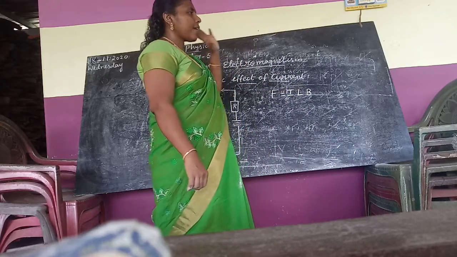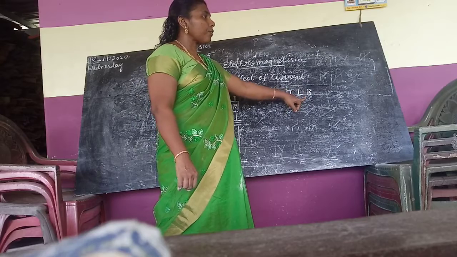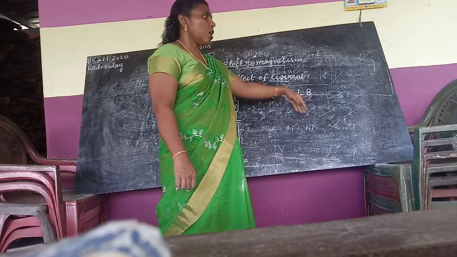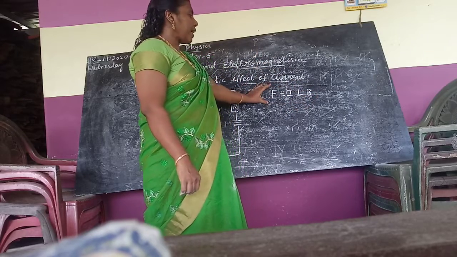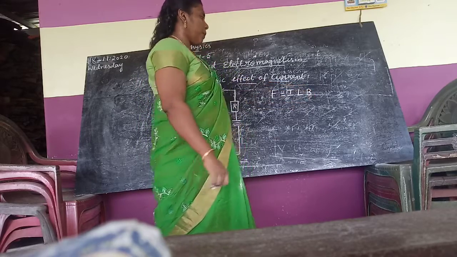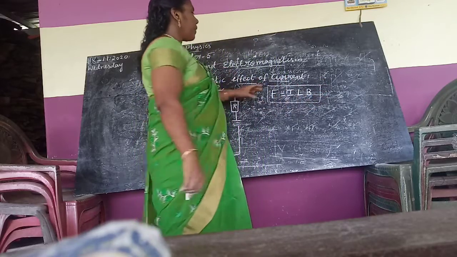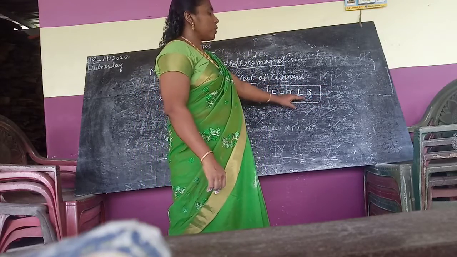When the force acts on a conductor, these three are involved: the current, the length of the conductor, and the magnetic field. So the force on a conductor equals I into L into B. This is the formula for force. By using this formula, we can find out the force.